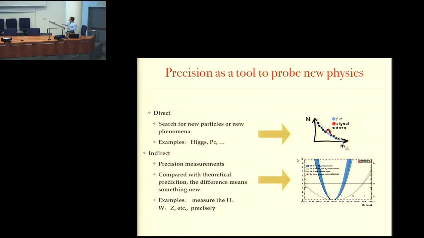The main approach at an e+e- collider is to precisely measure some fixed parameters and compare them with the theoretical prediction. If there's some difference, this means new physics. Examples are measuring the Higgs and the W, Z boson properties precisely and comparing them with the fixed prediction.